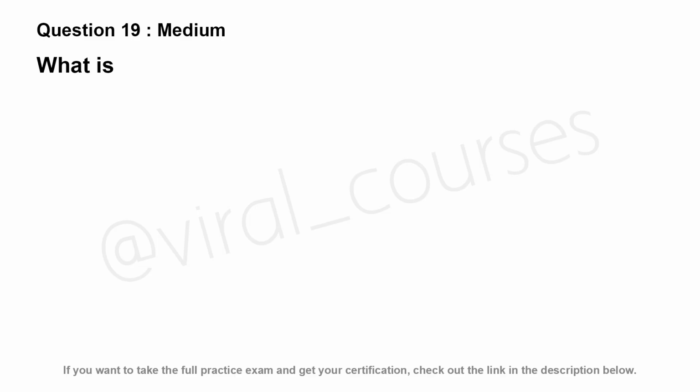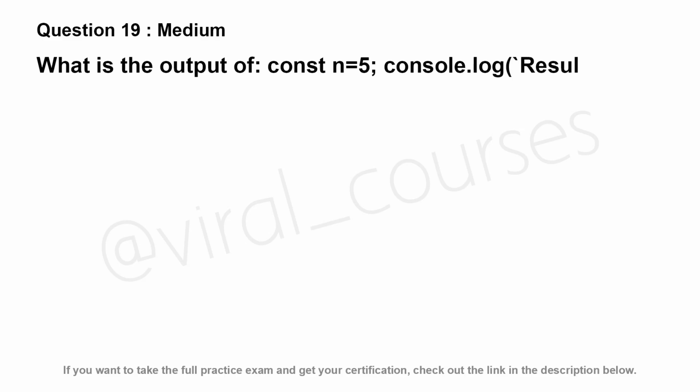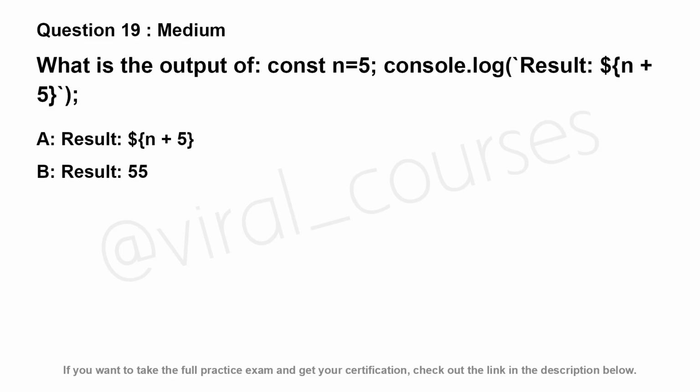What is the output of const n = 5; console.log(`result: ${n+5}`)? Option A, result: ${n+5}. Option B, result: 55. Option C, result: 10. Option D, result: n+5.